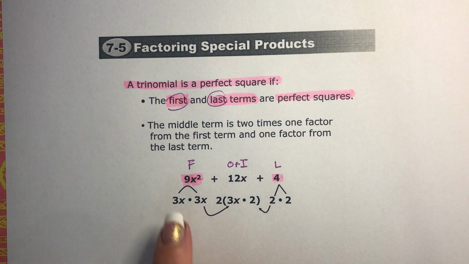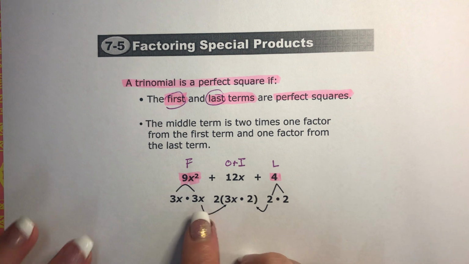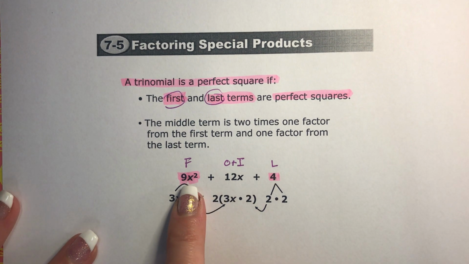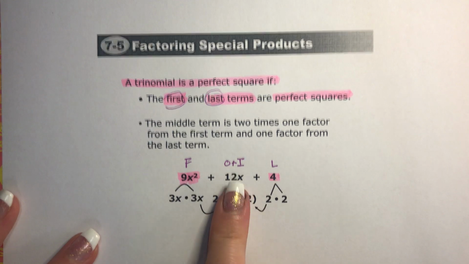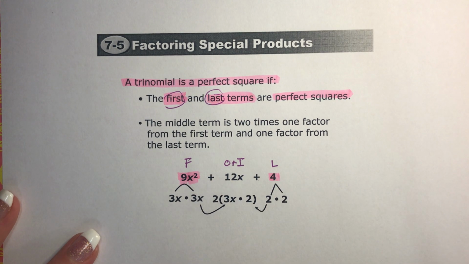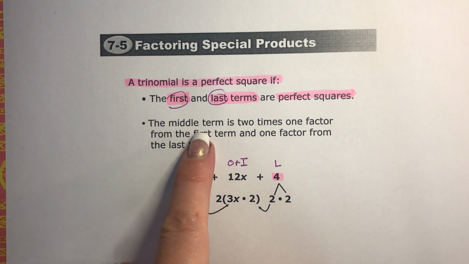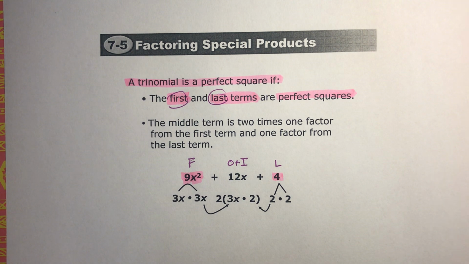So when you're doing this, there's a cheat rule way to do it. You see first, this is a perfect square, this is a perfect square, okay? Then it's the outside and the inside. And know that you're going to be adding the outside and the inside. So it says the middle term, which is the outside and the inside, right?